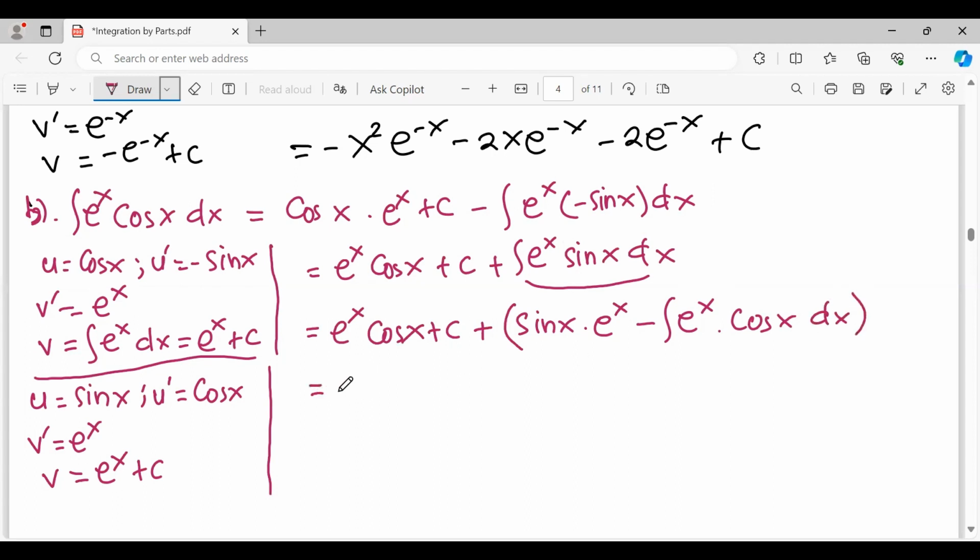It will be e power x cosine x plus c, plus e power x sine x, minus the integral of e power x cosine x dx.